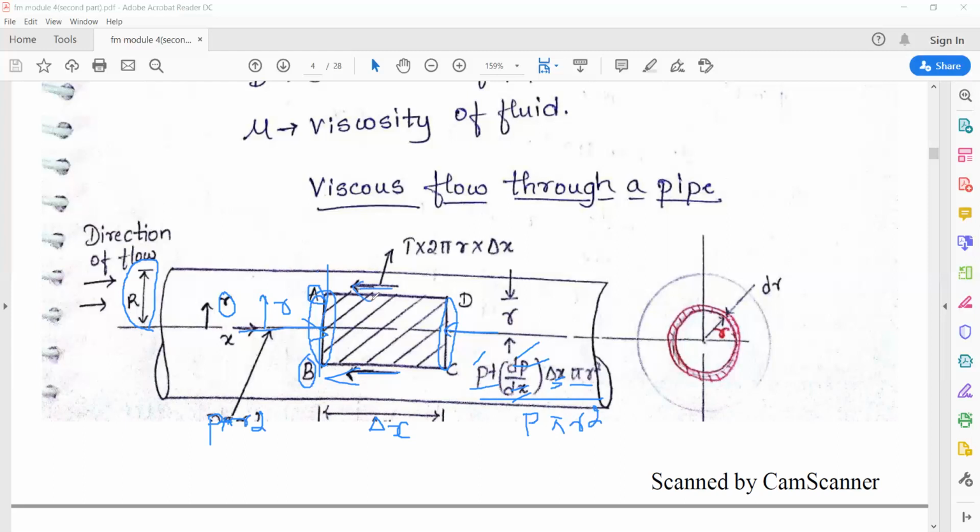On the surface of the fluid element, the shear force is acting. Again, shear stress tau is equal to force by area, or shear force is equal to tau into area.